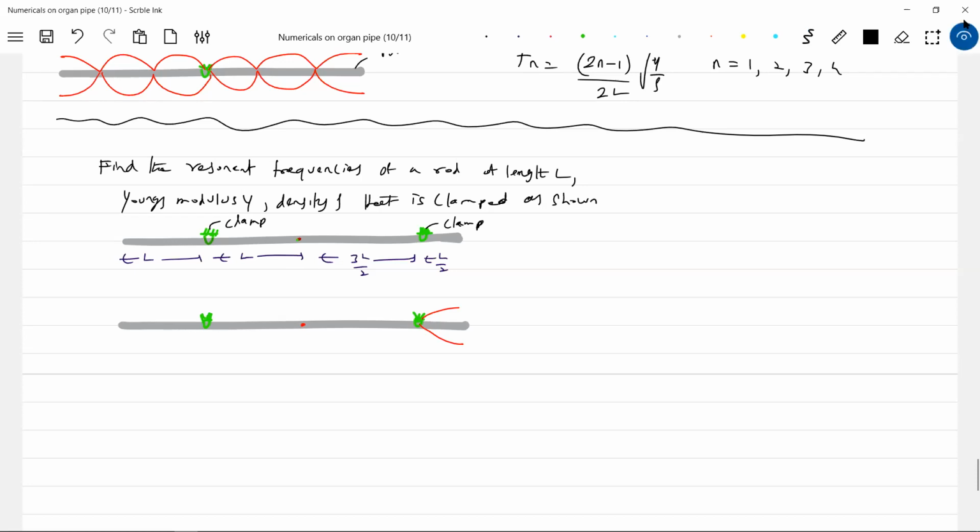In a length L by 2, if I get half of the loop, in a length 3L by 2, what shall I get? Shall I get 1.5 loop? I'll get 1.5 loop. And here in a length L by 2, if I get this one, so therefore, what is the next? This should be antinode.